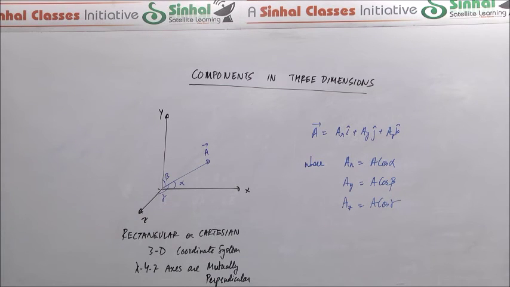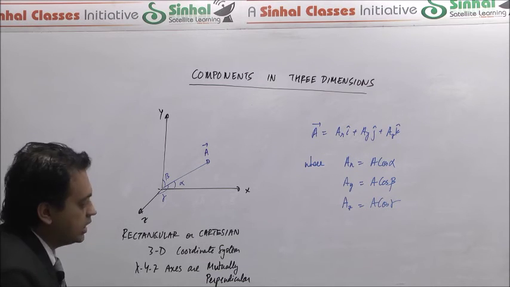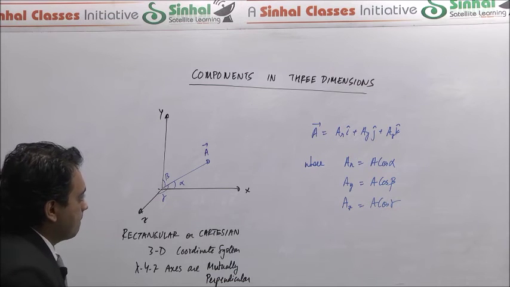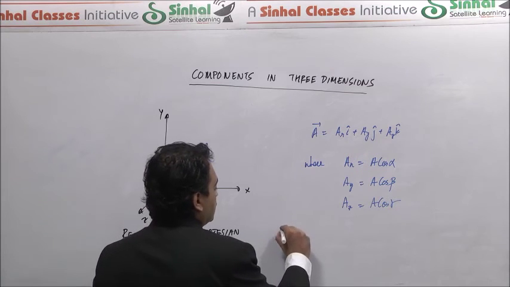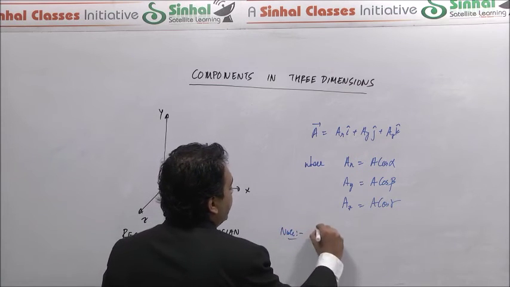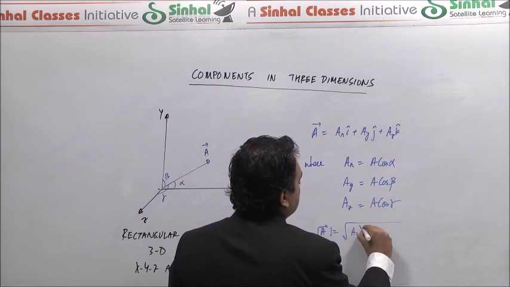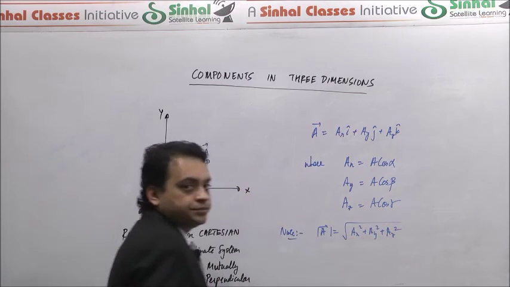So this is resolving the vector A into its components, given that we know its magnitude and its direction cosines, right? Now the inverse of this statement would be that the magnitude of the vector A would be square root of AX square plus AY square plus AZ square.